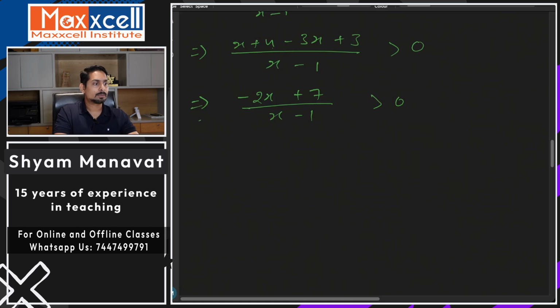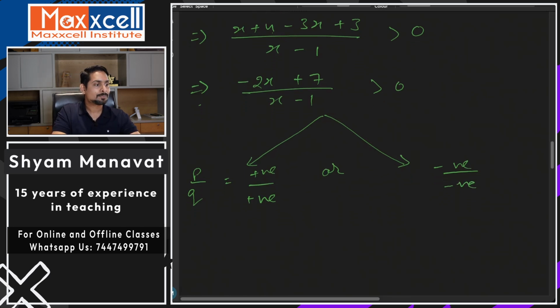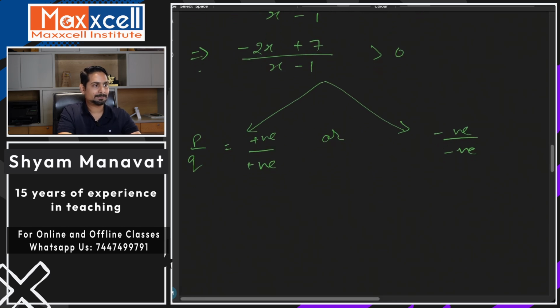Yeah. So let's say we got two cases here. This fraction is more than 0, positive. That is possible when this p by q fraction, both are positive or both are negative, right? In that case, you will get the fraction as positive number, as a positive fraction. Yes. Now, if both are positive, it means minus 2x plus 7, this is positive.